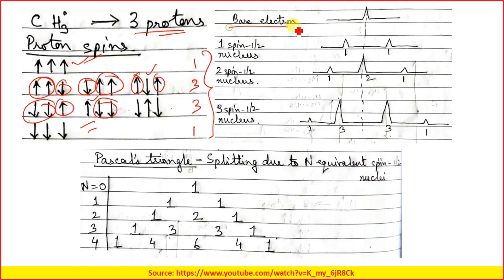So this is for the bare electron: you'll be getting a single peak. But if there is 1 spin half nucleus, 1:1. If 2 spin half nuclei are there, 1:2:1. If 3 nuclei are there, 1:3:3:1. In this fashion it will go. So we are just generalizing.